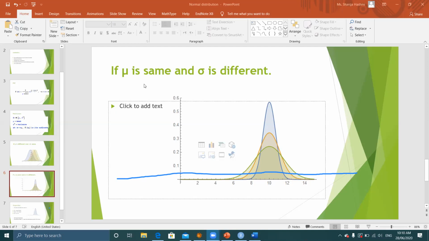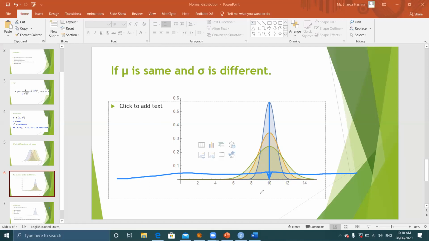Mu is same and sigma is different. Mu is same, that's why we can see that all shapes of the normal curve start from the different points, but the center of each distribution exists on the same point. All peaks exist in the same point, and that same point is called its mu.